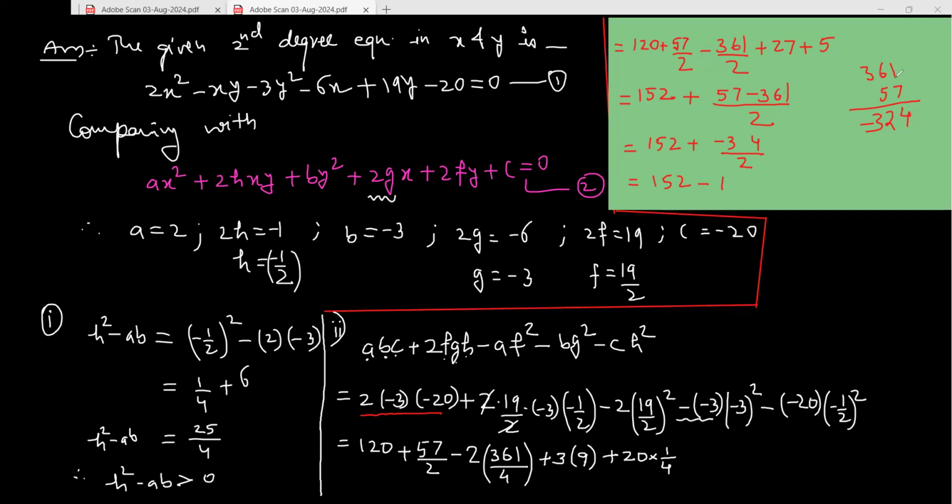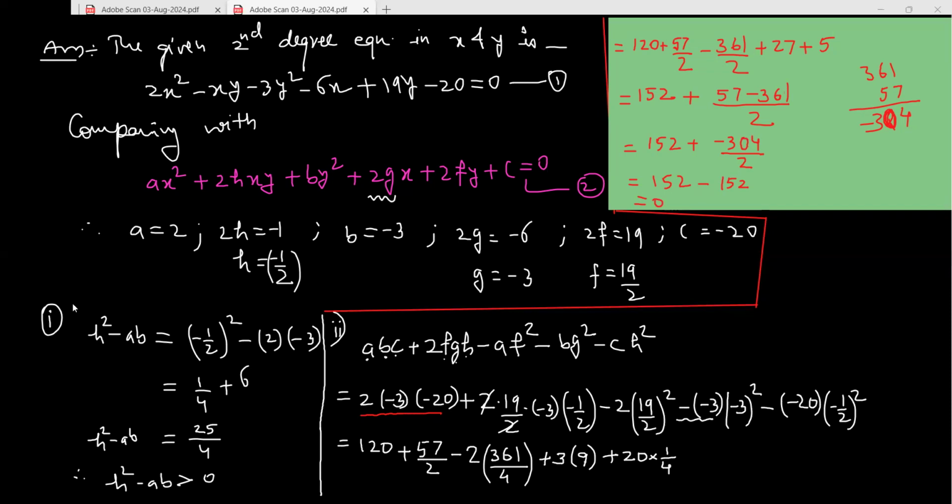Now see, so this is 4, and here what do you get? You get 0, because 1 is borrowed. So now 304. What is 152 minus 152? 0.